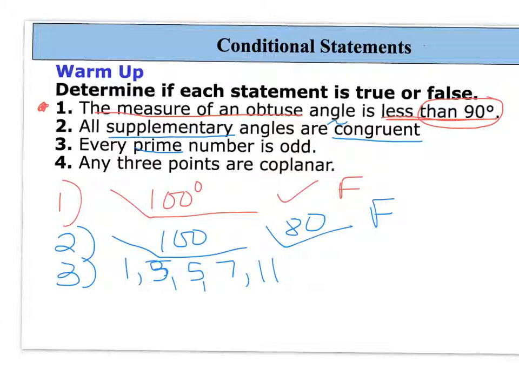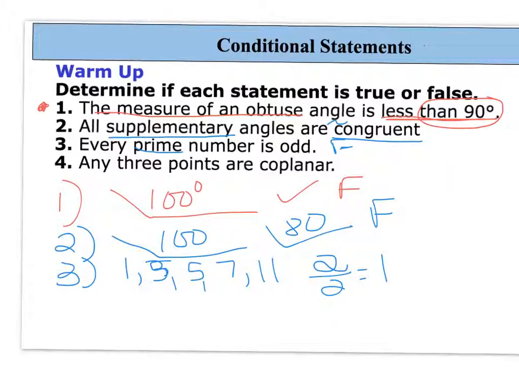But I don't know if you realize it or not, 2 is a prime number because the only numbers that can go into 2 evenly are 2 and 1. That fits the definition of a prime, so this is also false. I'm going to put the little false up here because 2 is an even number.